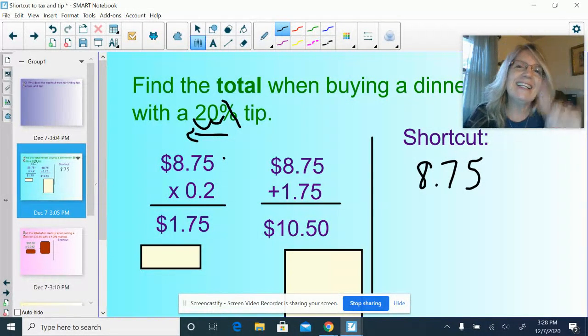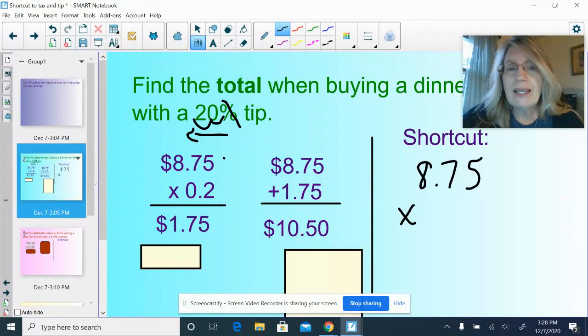And then the identity property says whenever you multiply a number times 1, you get that same number back. So think about if I multiply $8.75 times 1, I'm going to right away get $8.75 in my answer.